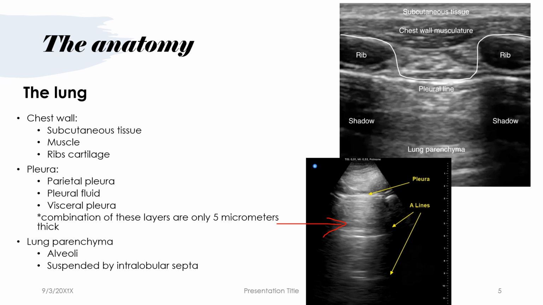Now, if we broke down the lung even more, as you all are way more educated than me in this, we know that that lung will break down into ultimately alveoli, and those alveoli are going to be suspended by intralobar septa. Now, a note about the intralobar septa, they too are too small for us to appreciate on ultrasound.